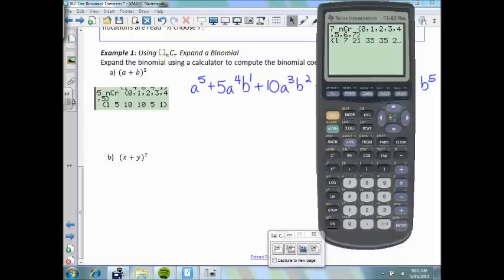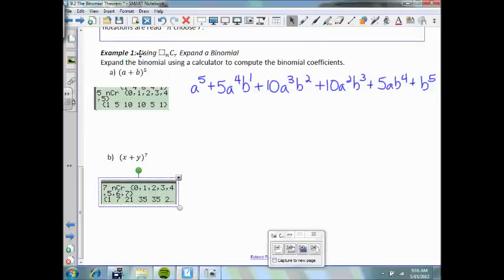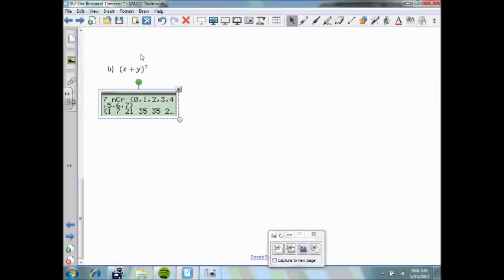It goes 1, 7, 21, 35, 35, and then it's going to repeat. That's what's nice about the binomial theorem. It's always going to repeat.